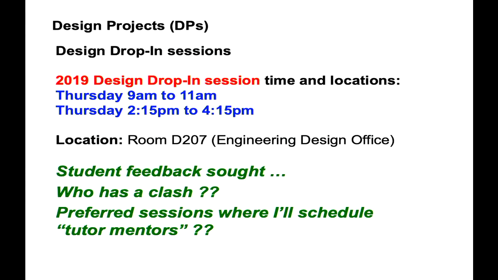What about 2:15 on Thursday? Who's got a class, who's got a clash? There's a few. And then 3:15, who's got a class, who's got a clash? 1, 2, so 3:15 is sort of getting better.